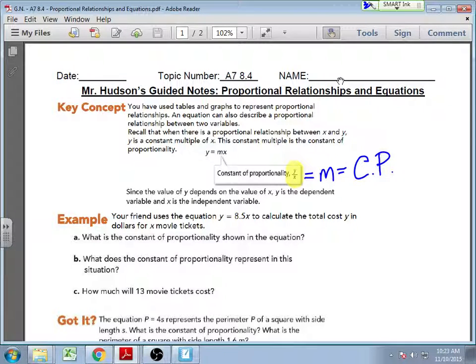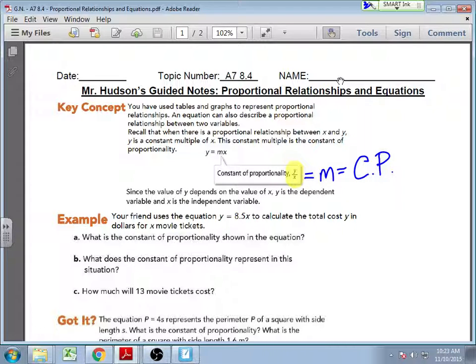Why don't we just do CP? Because we don't like using multiple letters as variables because it looks like it's 2 different variables. And m also represents the word multiple. Y is a multiple of x. M is a multiplier.